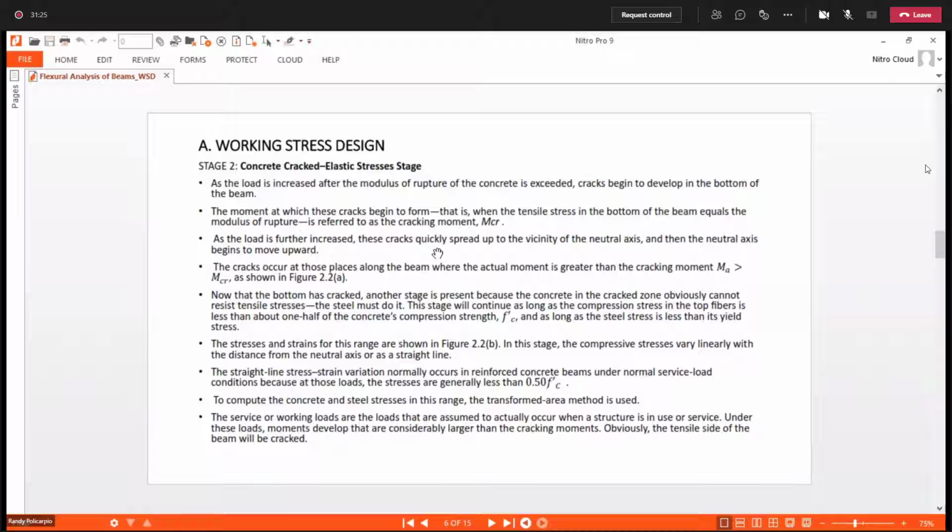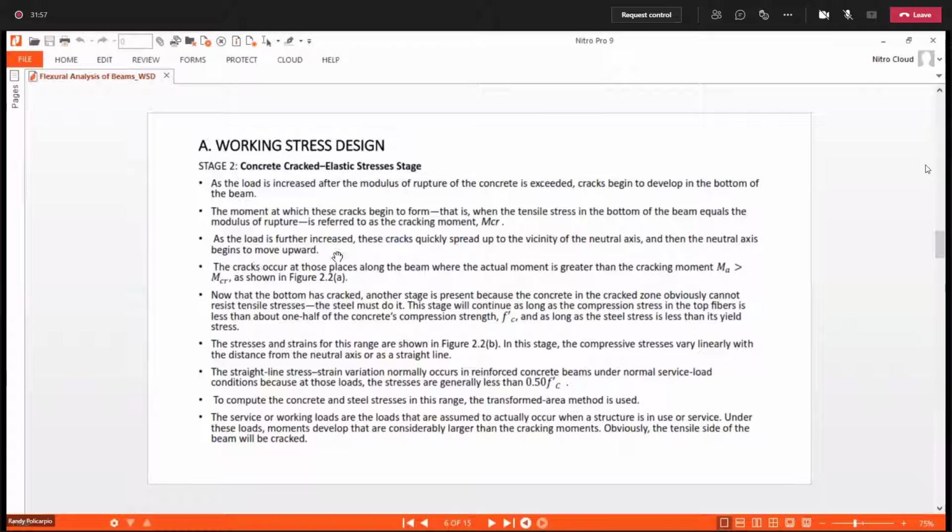Okay, so once these begin to form, yung tensile stress natin is actually equal to the modulus of rupture. So once it is equal to the modulus of rupture, that moment is known as the cracking moment, known as MCR.